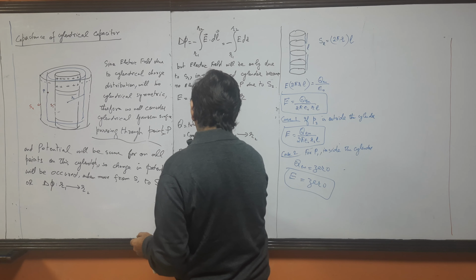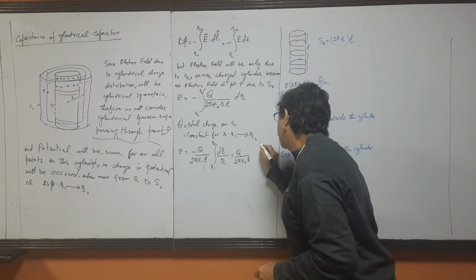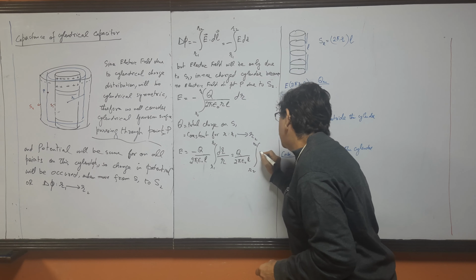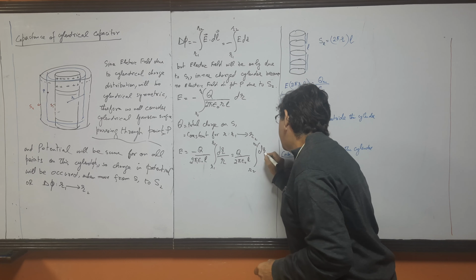If we move from R1 to R2, integration is always along the line. If we move from R1 to R2 on the same line, and then from R2 to R1, the sign changes. So we may replace this with Q over 2 pi epsilon L, integral from R2 to R1 of dr over R.